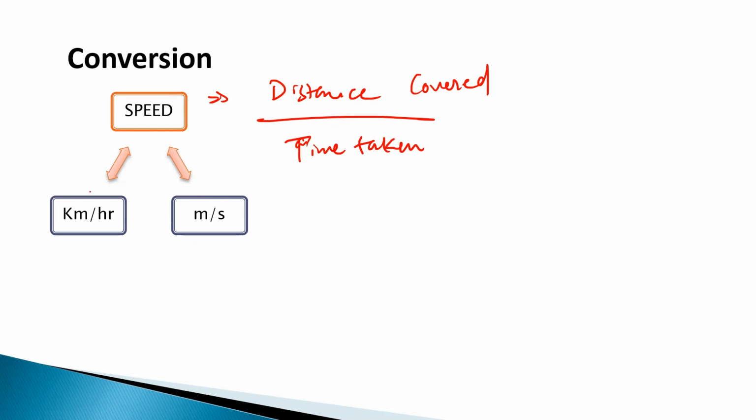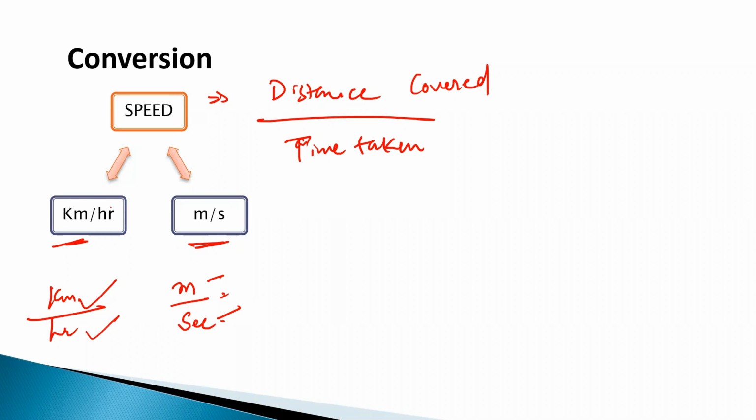So that's why we see generally the units of speed to be in kilometer per hour or meter per second. Mostly when the distance unit is in kilometer, the time unit will be in hour. And when you see the distance in meters, then you will find the time unit in seconds. So this is distance upon time, and that is nothing but speed.